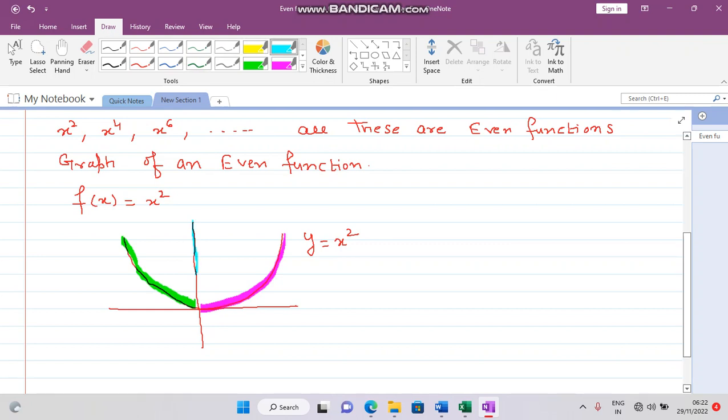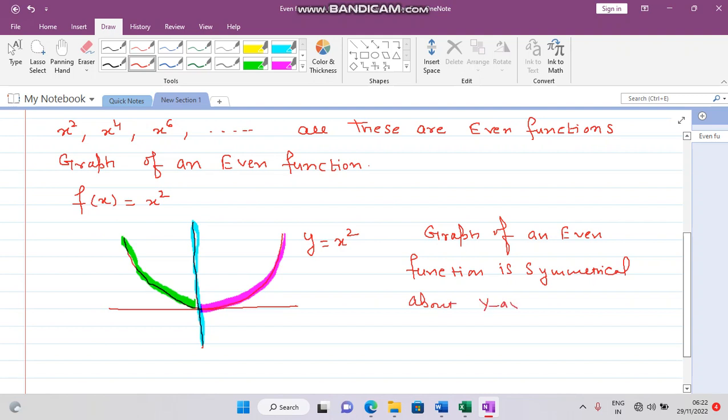It means that this graph is symmetrical about the y-axis. So here we can say that the graph of an even function is symmetrical about the y-axis.